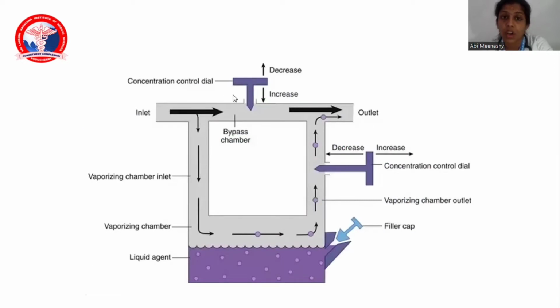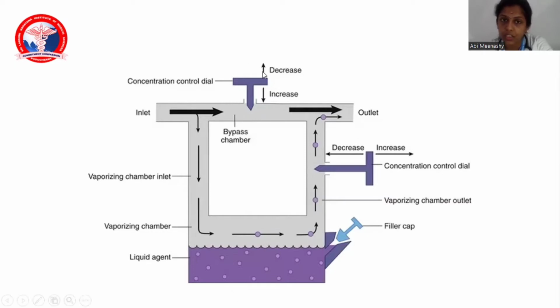Okay, so I told you your concentration dial will decide the splitting. If you increase the concentration, it will open up less. It will limit the gas that is going inside the bypass chamber, so that a lot of gas will go inside the vaporizing chamber.